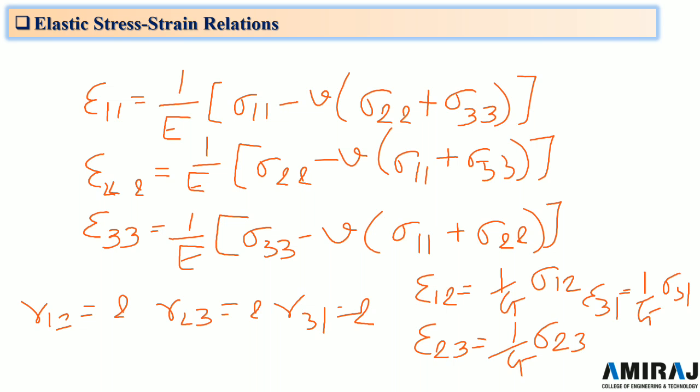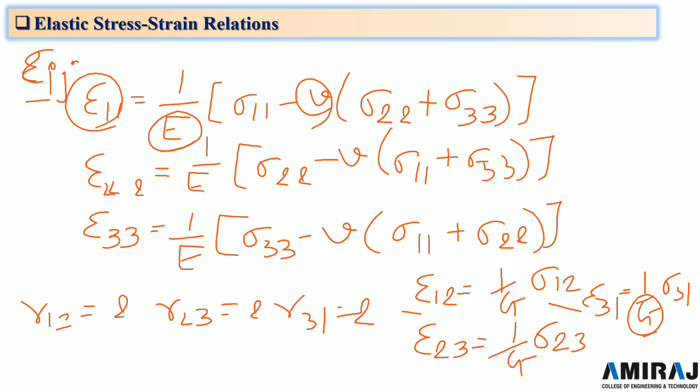Here E is the Young's modulus, capital G is the shear modulus, mu is the Poisson's ratio, and the strains epsilon ij, or epsilon 11, 22, 33, or 12, 23, 31 are the elastic strains.